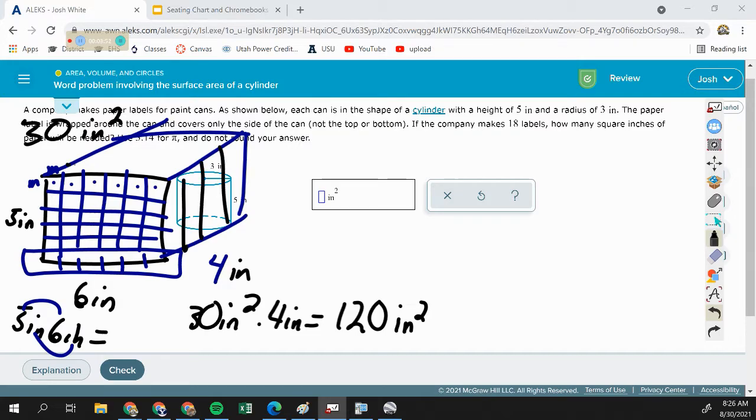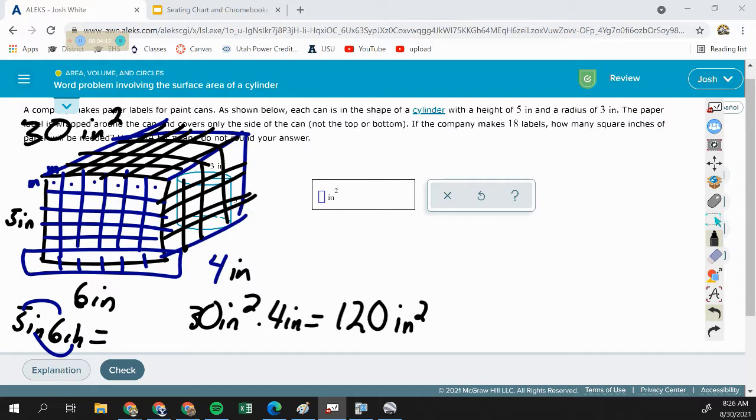What does 120 inches cubed mean? Inch by inch by inch, right?